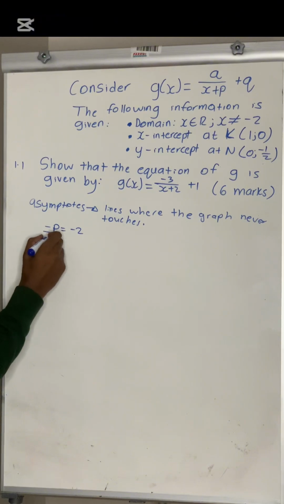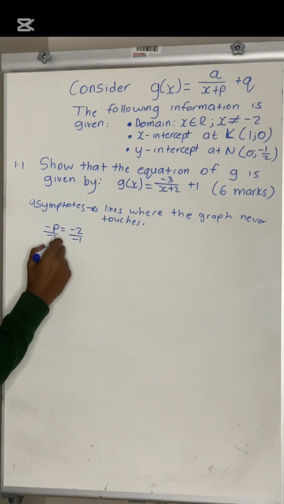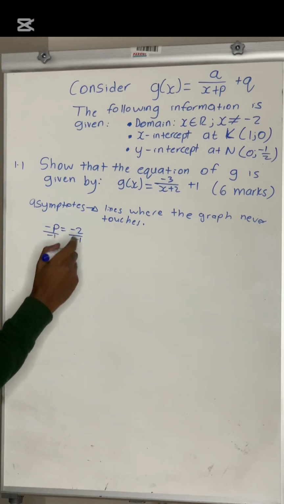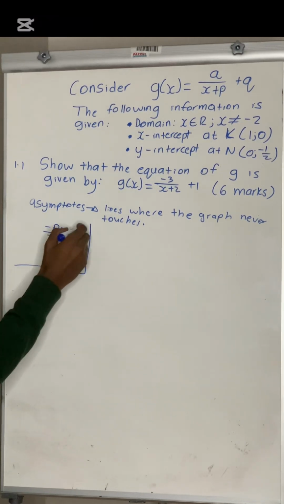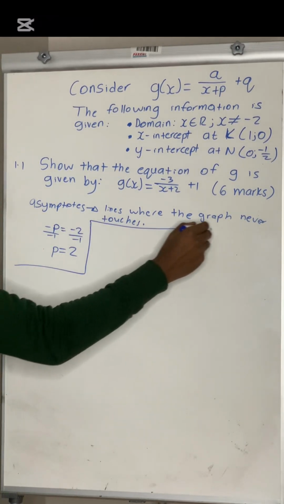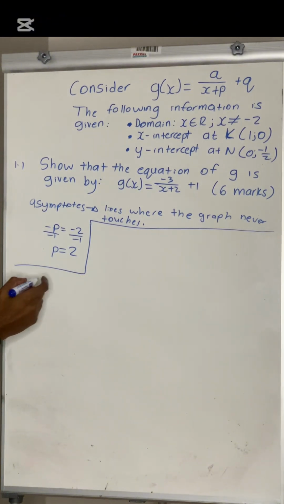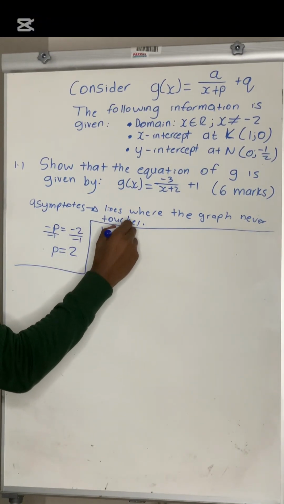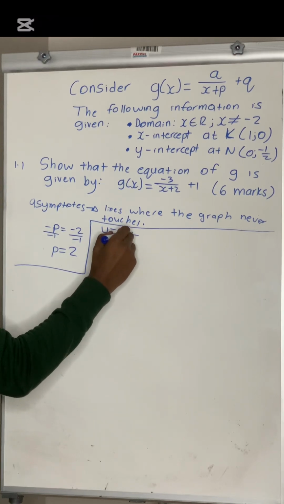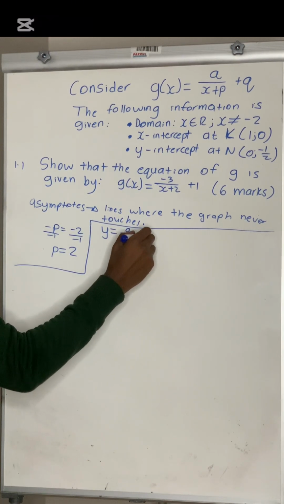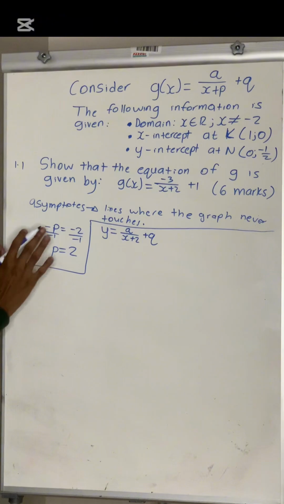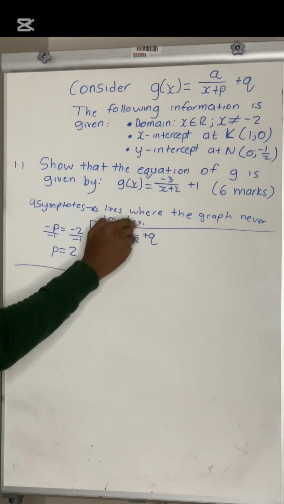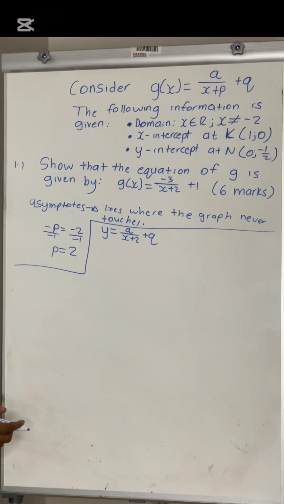We divide by -1 on both sides. p is then equal to +2. So things are looking good for us. We've shown one of the requirements. So what do we have for now? We have y is equal to a over x plus 2, plus q. So we have one mark already. We've shown that this is positive 2.